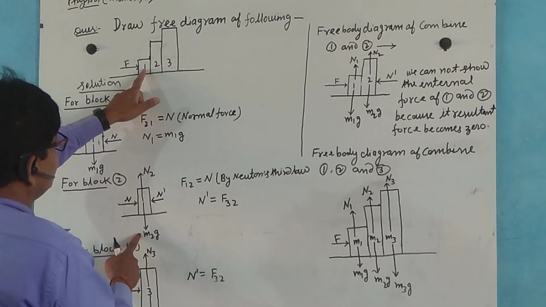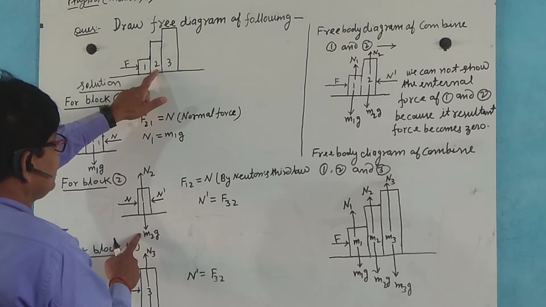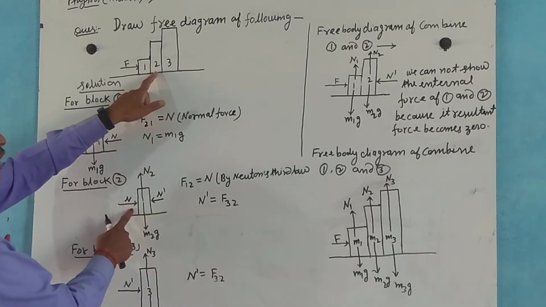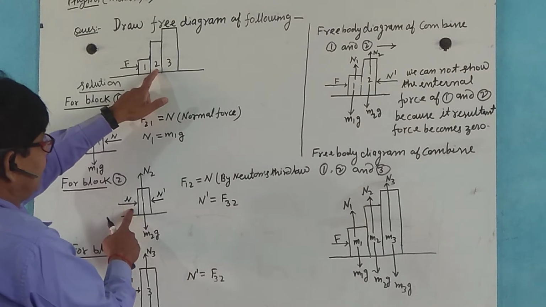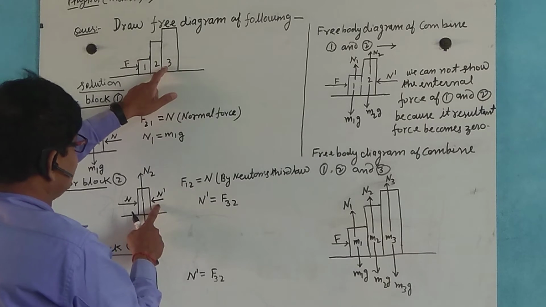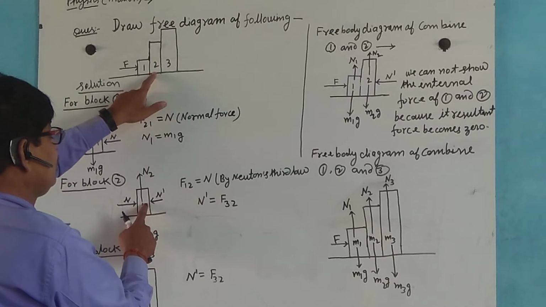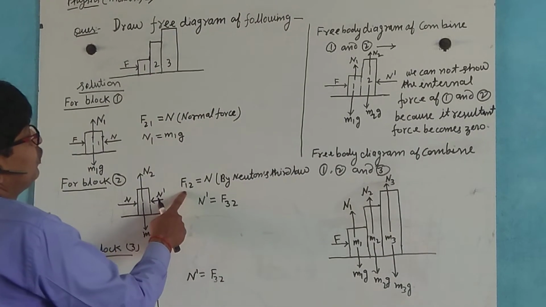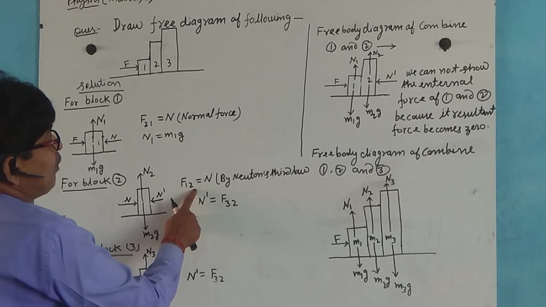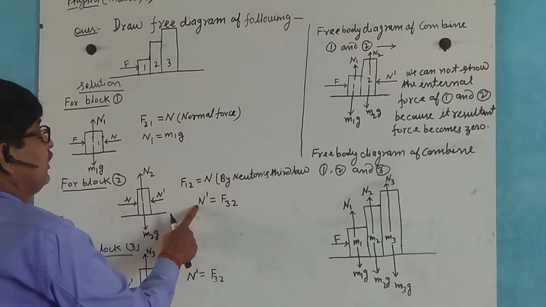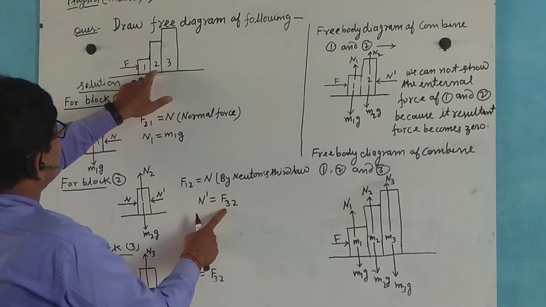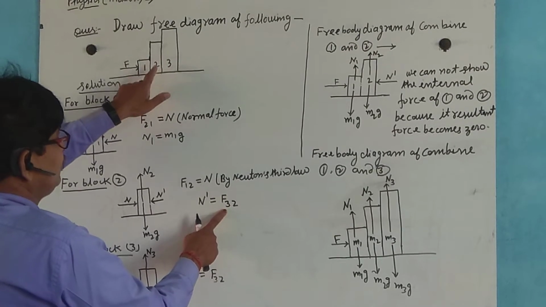This block applies a force on this block, N, by Newton's third law. And let us suppose that block 3 applies the force N dash on this block, so that F12, the first block's applied force is N, and N dash is equal to F32, the applied normal force.